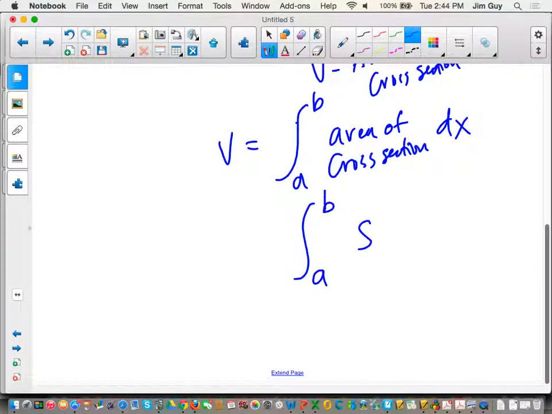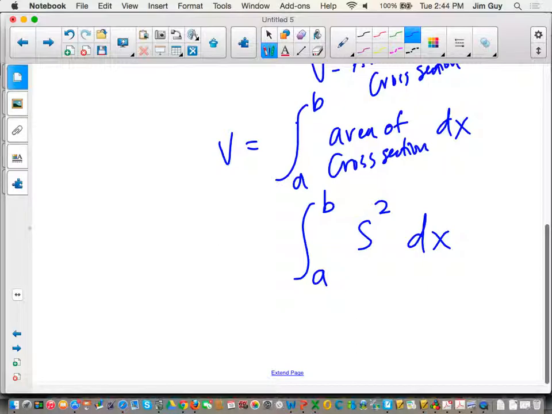So the area of a square we know is the side squared. Do I have any pi here at all? No, because pi was in when you had a circle, pi r squared. This is a square. I've seen triangles. I've seen trapezoids. I've seen semicircles. I've seen a lot of different shapes. You just have to know it's the integral of the area of that cross-section, again, from A to B.